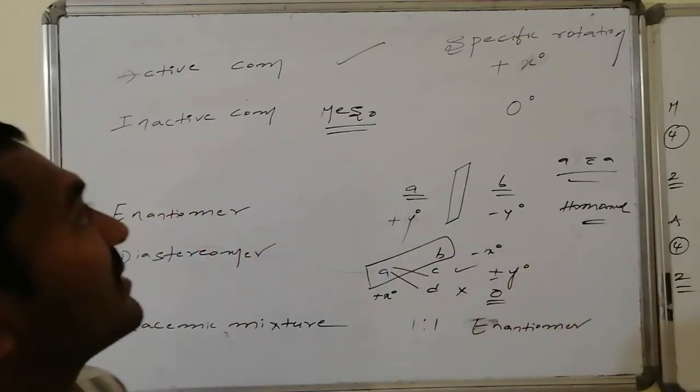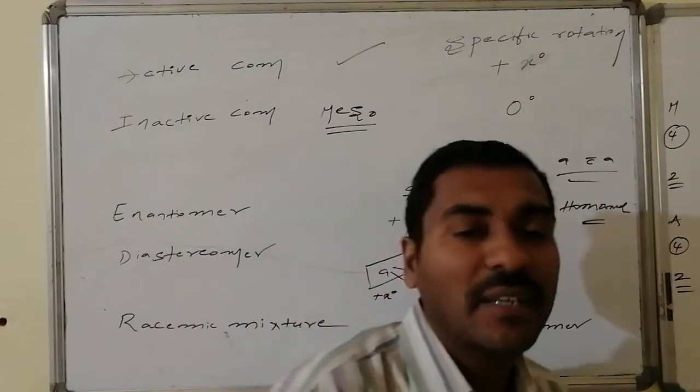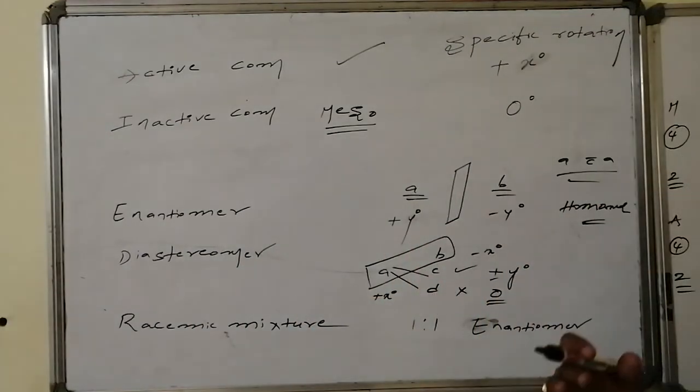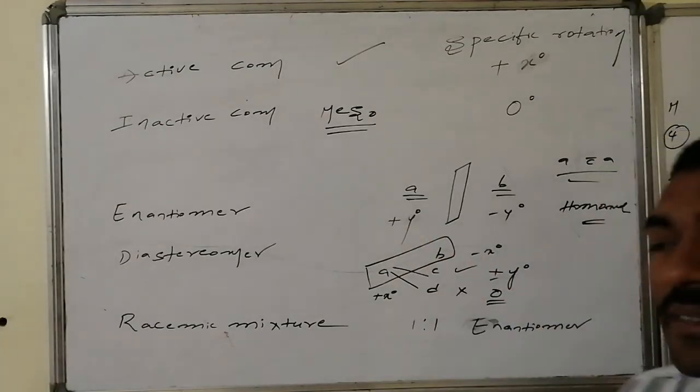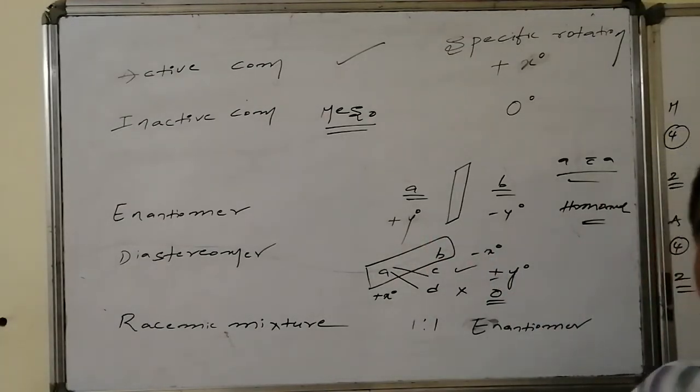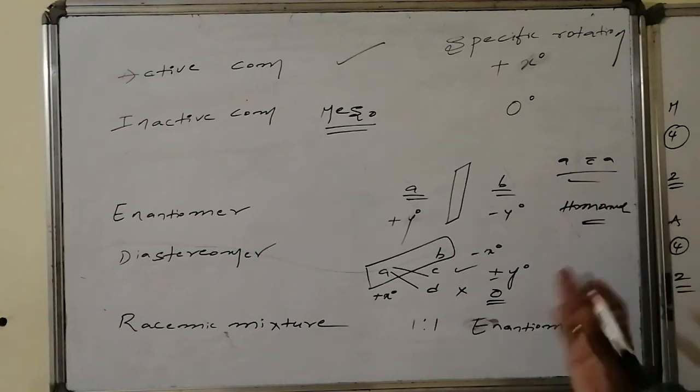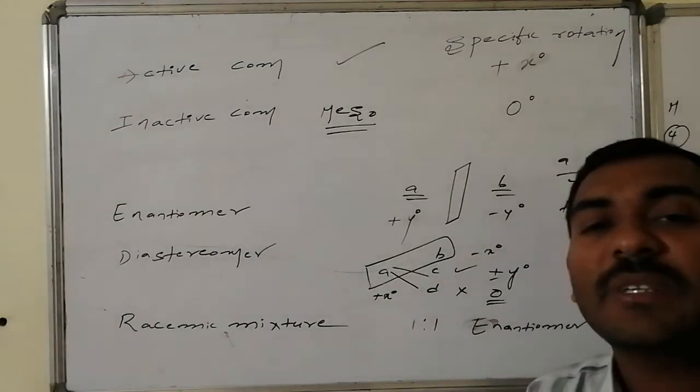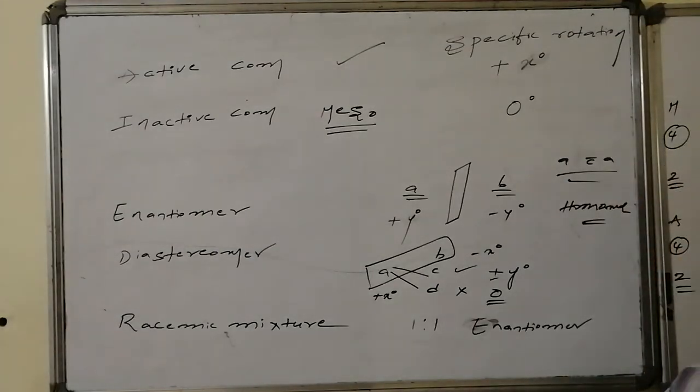Enantiomers to one another. Thus, we discussed the active compounds as well as inactive compounds, especially meso compounds, and what enantiomers are, what a racemic mixture is, what a diastereomer is, and specific rotations, qualitative information regarding enantiomers, diastereomers, meso compounds as well as the racemic mixture.